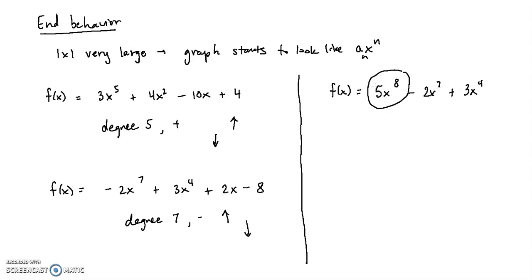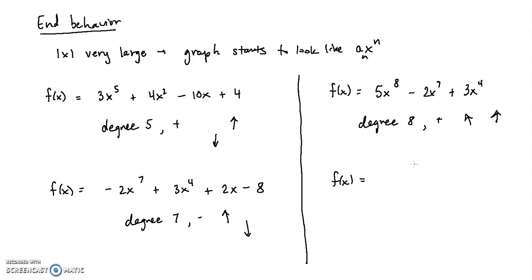The rest of these don't matter as much. So we're looking at something that has a positive coefficient, and the degree is 8. We know that degree 8 is even. That means it's going to look like a parabola. So the ends are going to look like a parabola facing up.